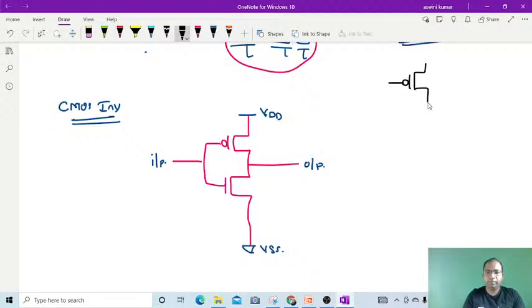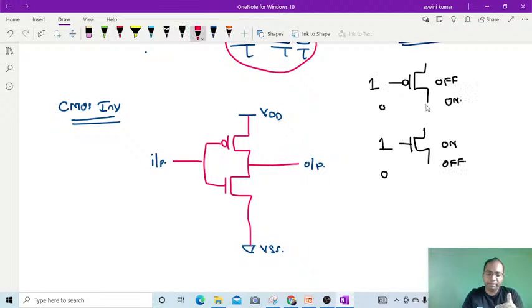That means both these MOSFETs look complementary. Why complementary? Because if I give one as an input to one MOSFET it is off, but in the other case it is on. So both are complementary MOSFETs, and we are using both in a single circuit.